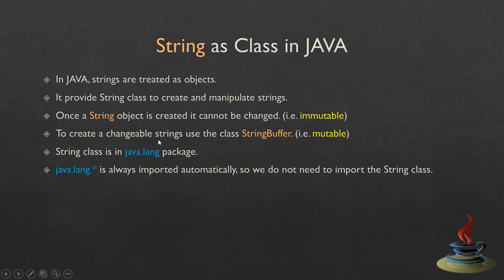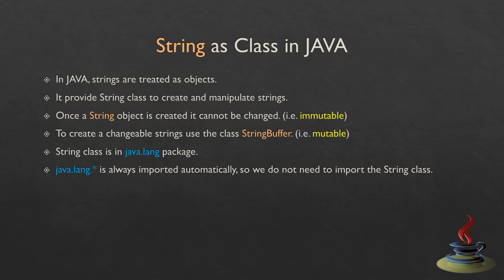If you want to create a changeable string, then you have to use another class that is called StringBuffer. If you go for the StringBuffer class, then you can create an object that can be changed, or you can say that is mutable. But in our portion we are learning about only the string object, or you can say the String class.